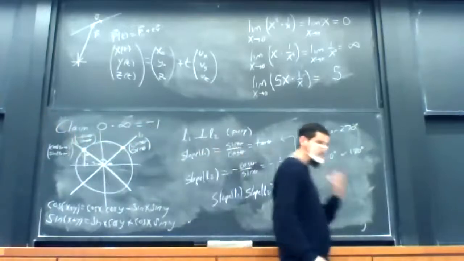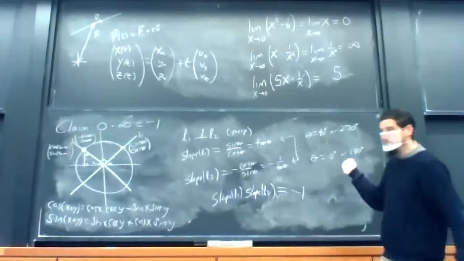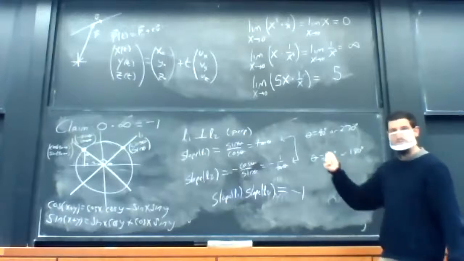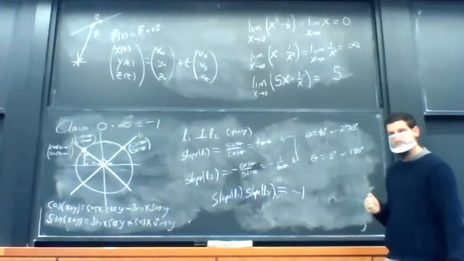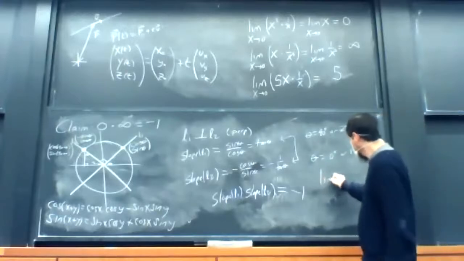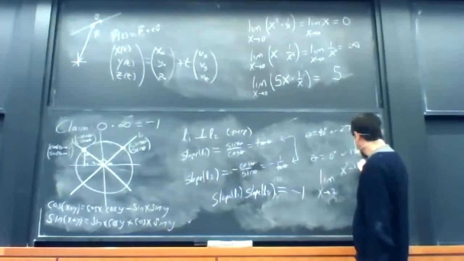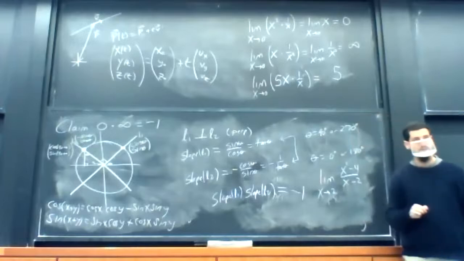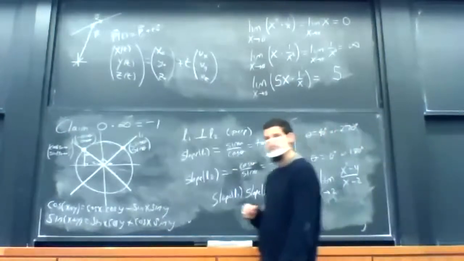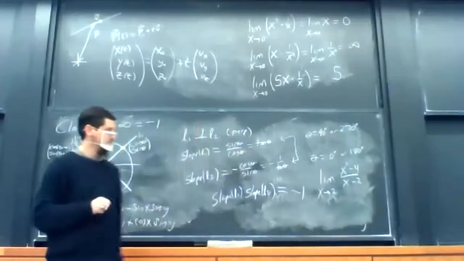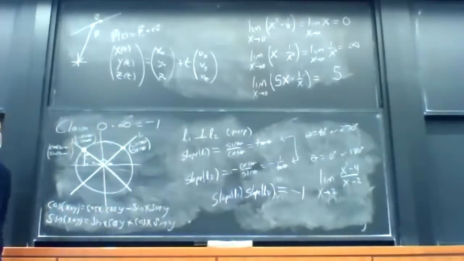So this is a nice way to review some equations of lines, some beautiful properties, to see a little bit of limits, to review our trigonometry. If I give you the limit as x goes to 2 of x squared minus 4 over x minus 2, are you a little bit worried when you see this? Yeah, the denominator is blowing up. And what's the numerator doing?